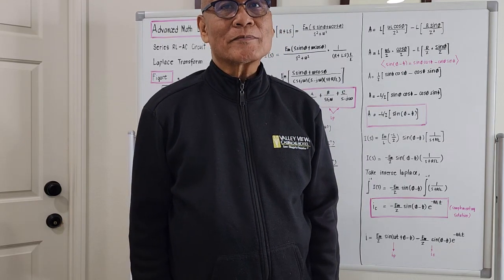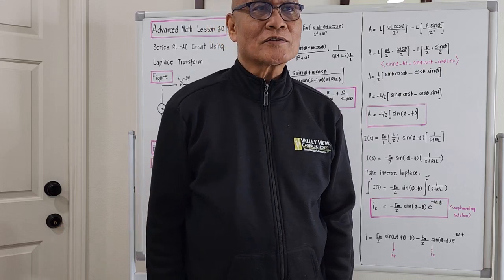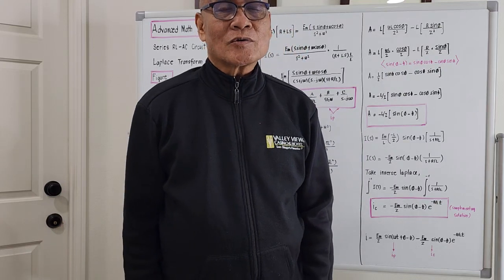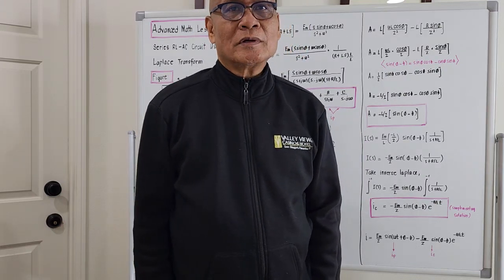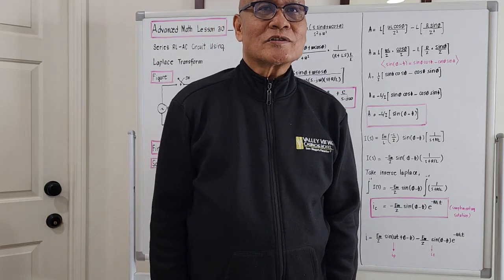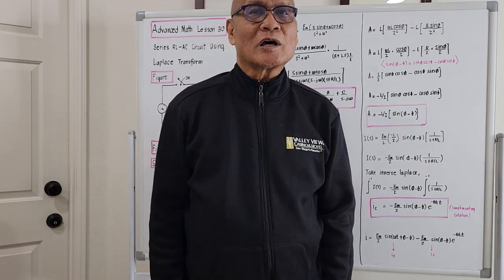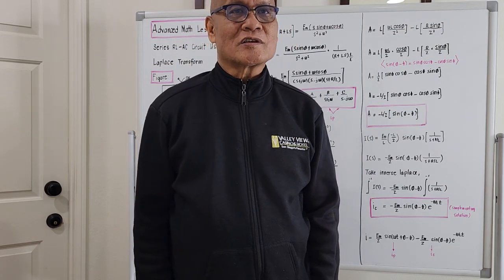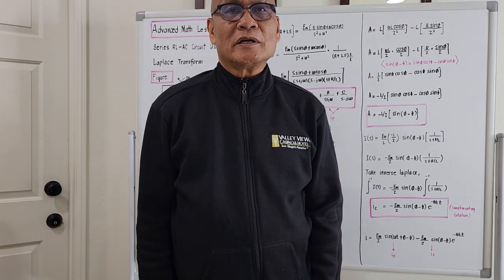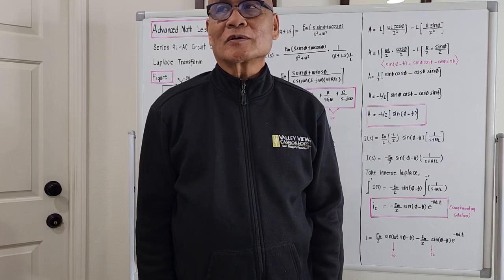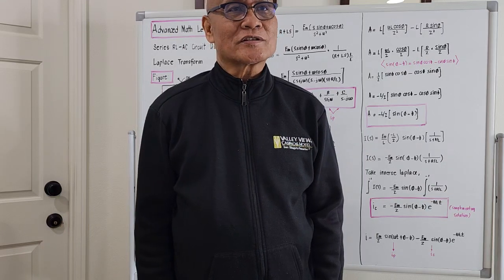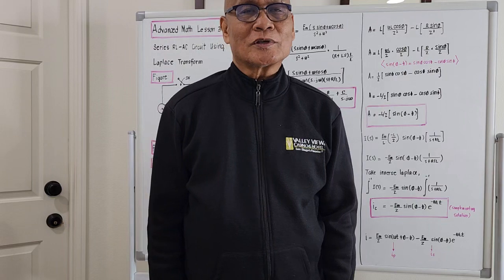We will be deriving the total current as a function of time by using Laplace transform. Since the solution is very long, tonight I will just discuss the complementary solution, and next time I will be discussing the particular portion of the total solution.